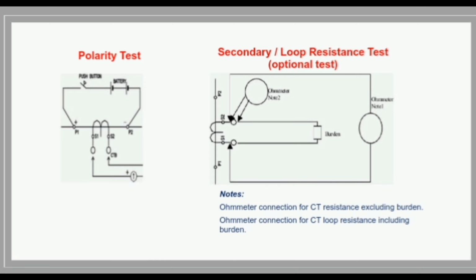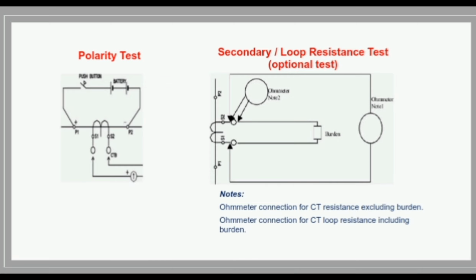You can see the polarity test photos on your screen. The polarity test is to confirm the polarity marking on the CT, primary and secondary, and verify it matches the drawing, so we know how to connect the secondaries for protections like directional, differential, and metering functions.